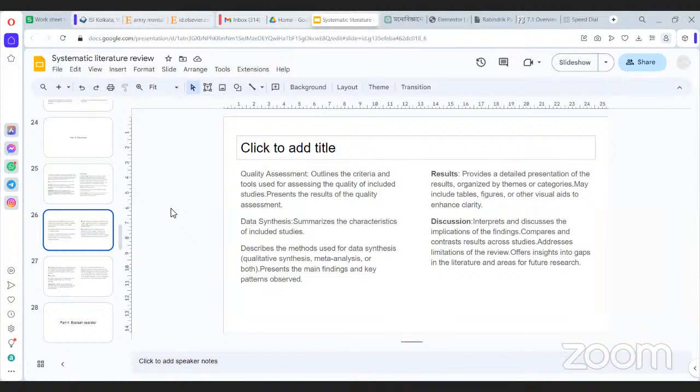That is better, and we have to justify. If such a study is not available, then you can think about the quasi-experimental design, because your study is related to pre-post study. Therefore, you have collected data only from the quasi-experimental design.